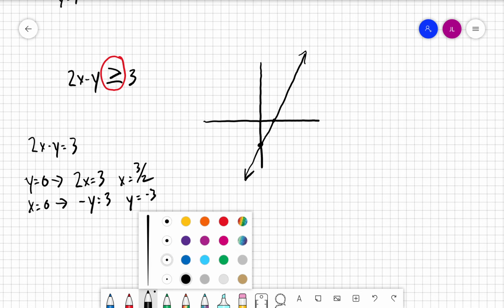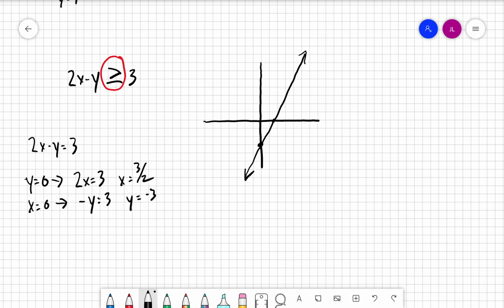Now we need to look at our test point. Where are we going here? Well, again, the origin is open. The line doesn't go through there, so we can pick that. Now we pick that, we're back to our original equation, 2x minus y greater than or equal to 3. So let's plug 0, 0 in here. 2 times 0 minus 0 greater than or equal to 3. 2 times 0 is 0, minus 0 is 0.